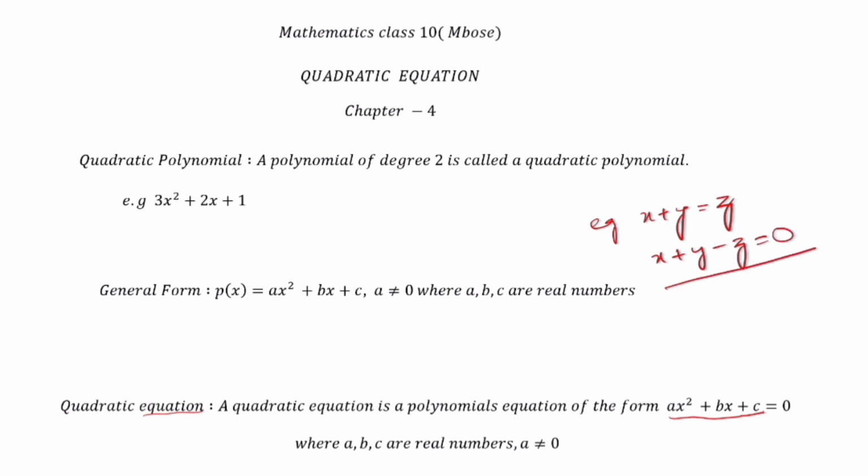This is an example of an equation. So if this quadratic polynomial is equated to 0, it is no longer a quadratic polynomial, but it is a quadratic equation.